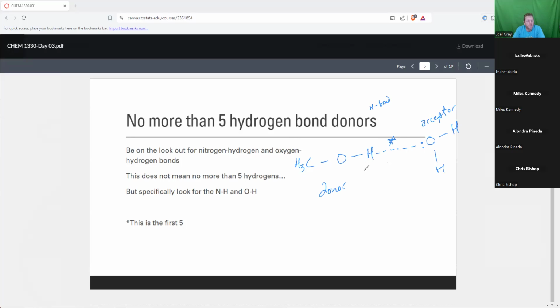Now, after you've found the hydrogen bond, then you want to look for the solid line on the opposite side of that. And that is an example of a covalent bond. The molecule that has the oxygen and the hydrogen connected through a covalent bond is the hydrogen bond donor. The molecule that just has the lone pair of electrons that give the dashed line to the hydrogen is the hydrogen bond acceptor.